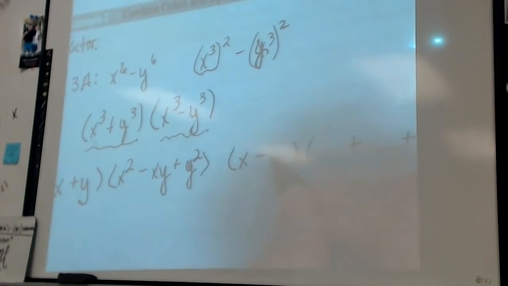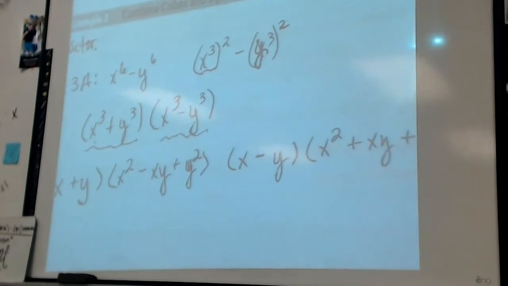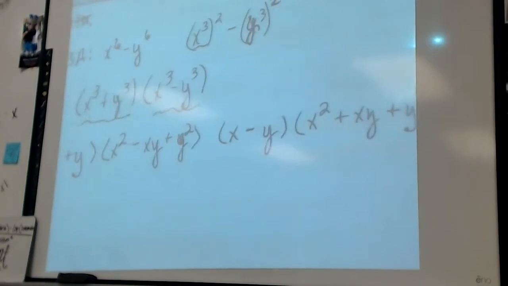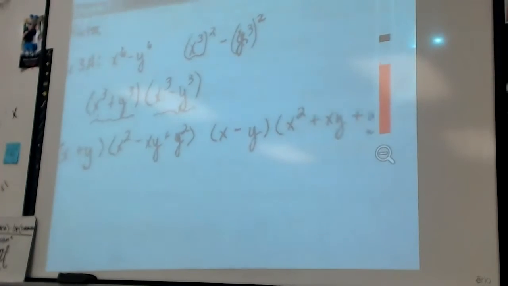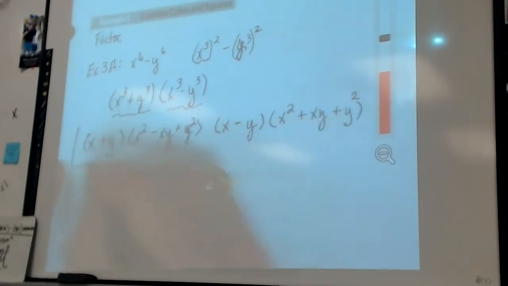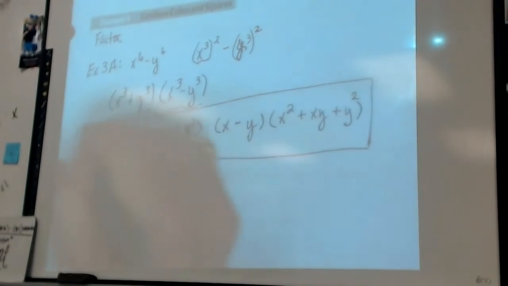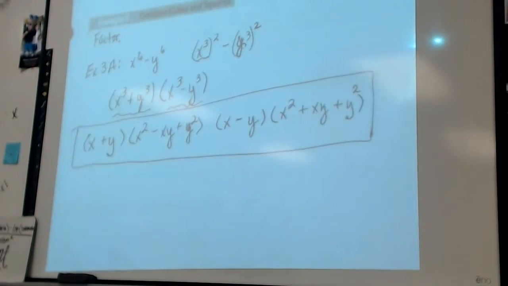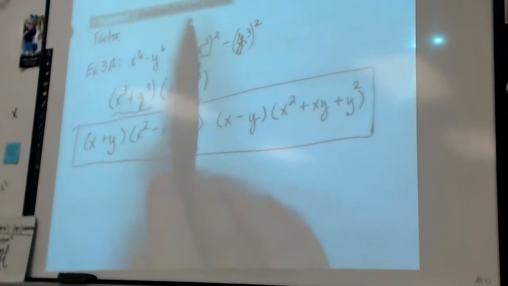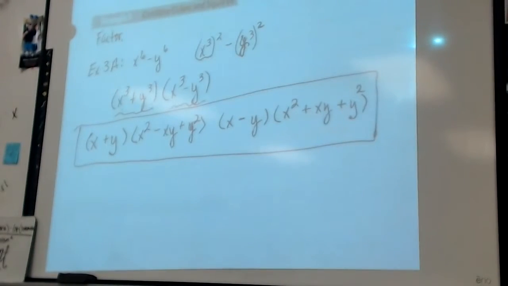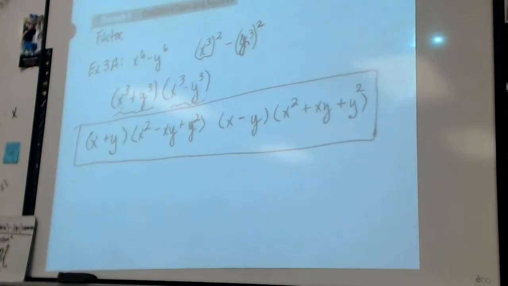It'll be x minus y, x squared plus xy plus y squared. And you're done. So the reason that it's called combining cubes and squares, actually we combined them all. We did difference of squares, then we did sum of cubes and difference of cubes all in one problem.